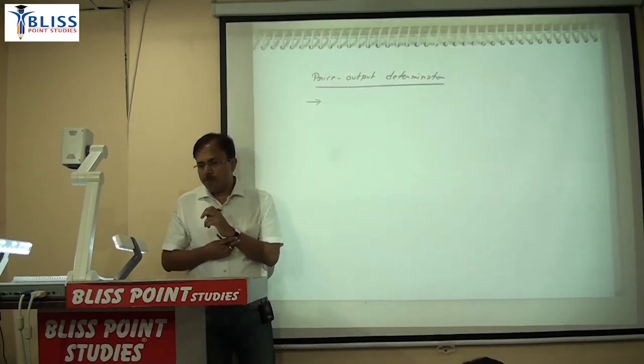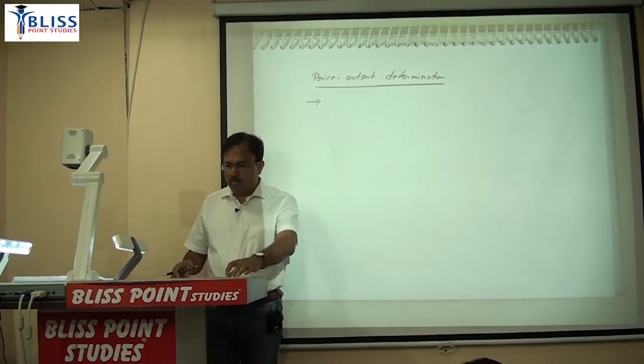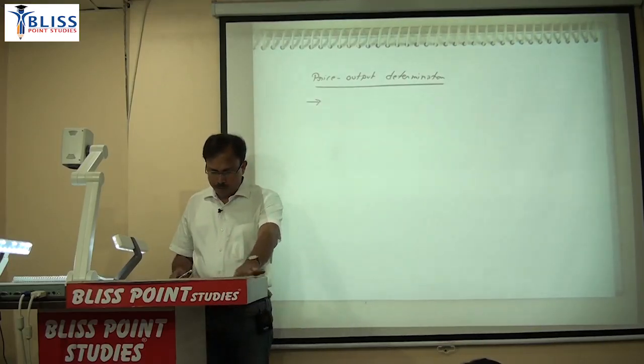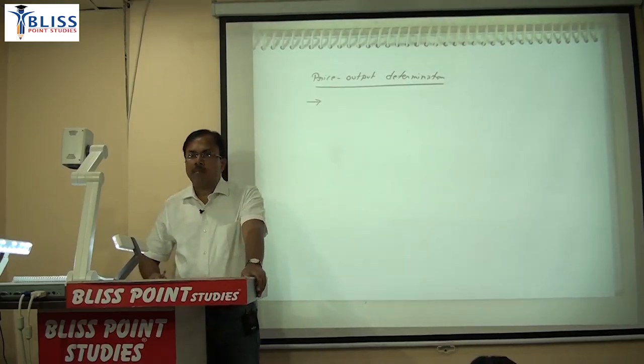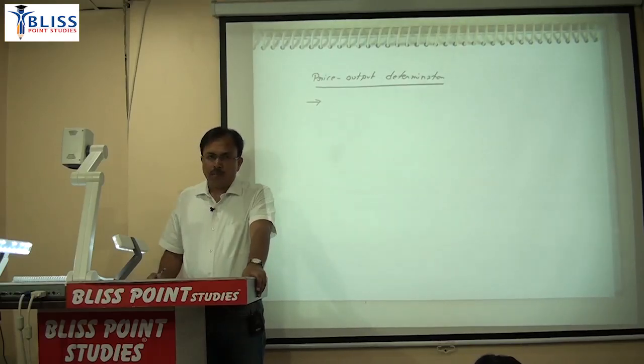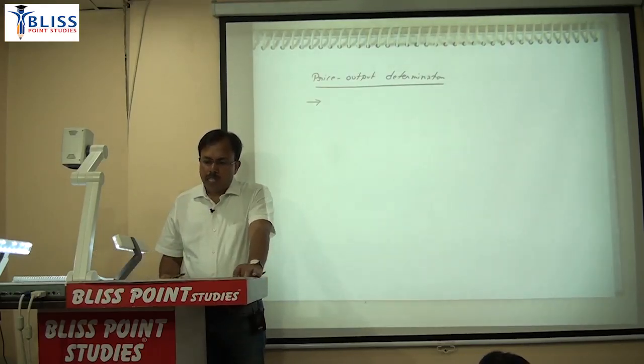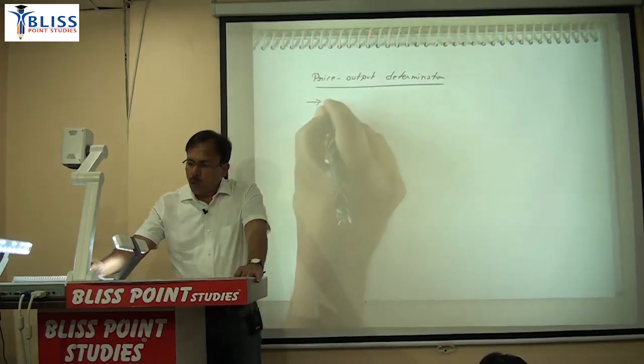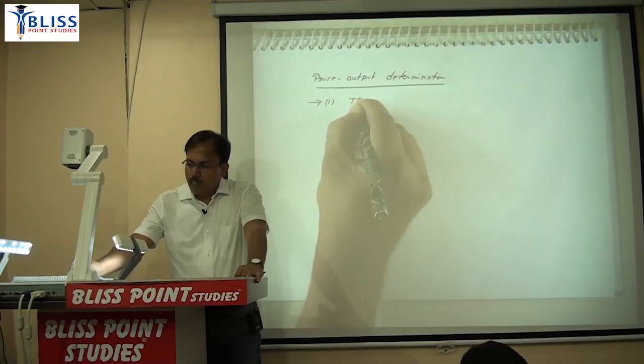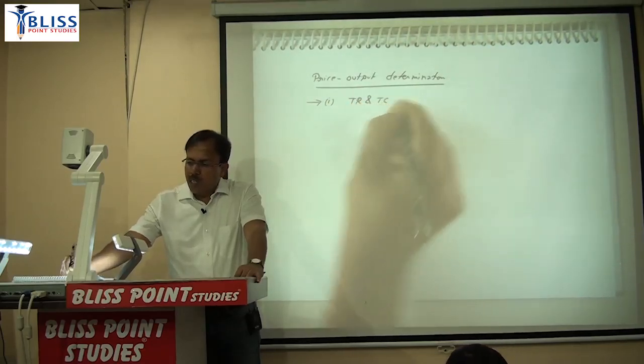Equilibrium of firm may be shown graphically in two ways. So there are two methods. First, TR and TC approach.